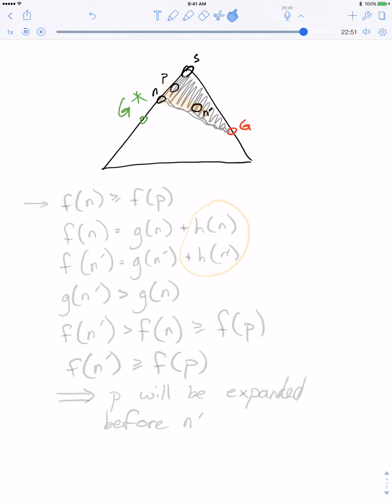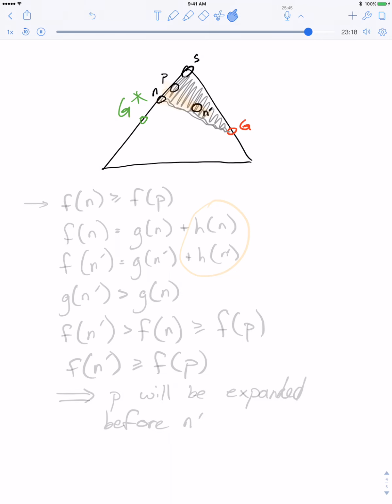So if n and n prime are both on the fringe, since we said that n was optimal and n prime was suboptimal, we'd be fine. We know that n would expand before n prime, no problem. But if there's some ancestor p on there, then we can actually show, similarly to before, that that's going to guarantee we'll get to n before we expand n prime.